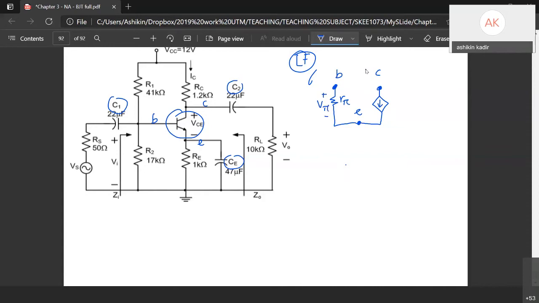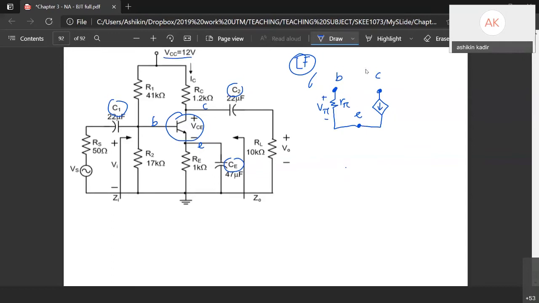Here at the base, you can see there are two resistors, R1 and R2. During AC analysis, you need to ground the VCC or the DC source. So at the base, you have R1 and R2.